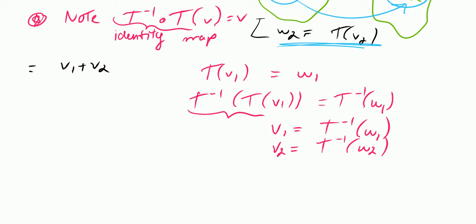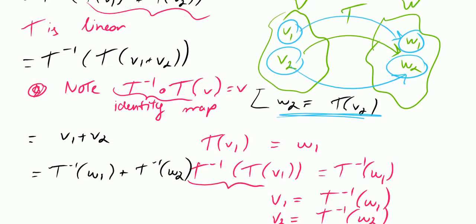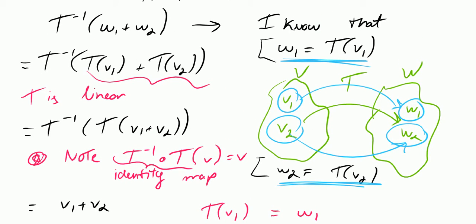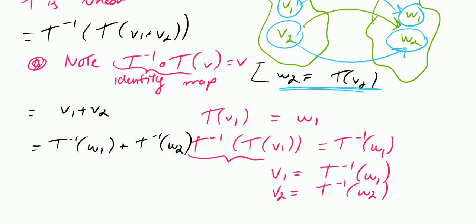So then what I get from this is T inverse W1 plus T inverse W2. But what did I start with? I started with T inverse of W1 plus W2, and I'm left with T inverse W1 plus T inverse W2.